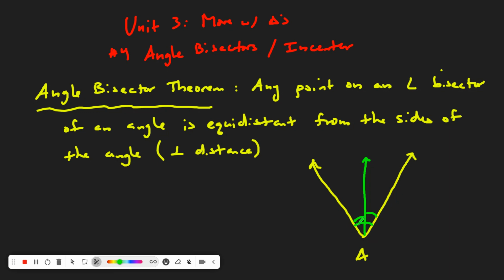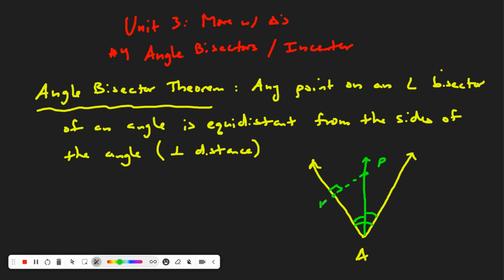So what this means is if I'm a point on this angle bisector, let's call me point P, then I will be the same distance, or equidistant, from the sides of the angle. And to get that distance, we have to go perpendicular from P to the sides of the angle. Perpendicular means make a right angle. From P, if I go in this direction, there's a right angle at that side.